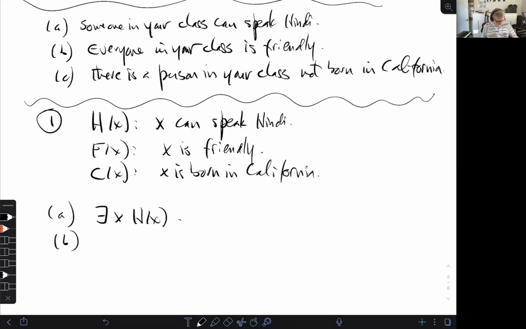So everybody satisfies F(x): for every x, F(x). Everybody in the class is friendly. And C: there is a person in your class not born in California. There exists an x such that not C(x).